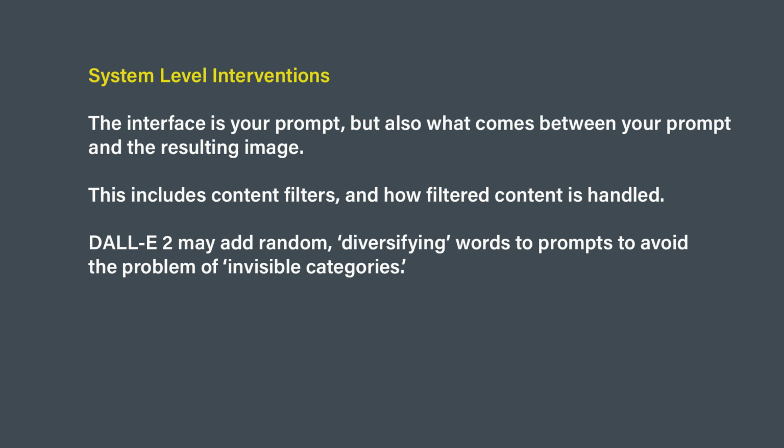So if you type professor, DALL-E 2 will add the word black or woman or some other modifier to this word in order to diversify the results on the other end that the user sees. And so these are system level interventions. What the companies allow you to access, what the companies allow you to see, what the companies modify about what you're requesting, and how it returns these images.